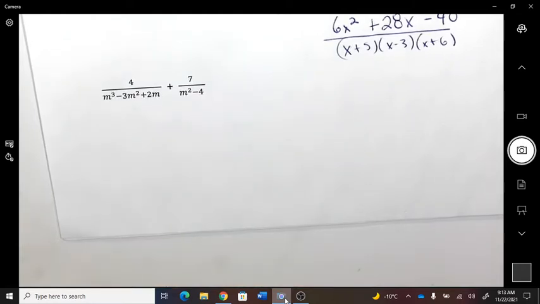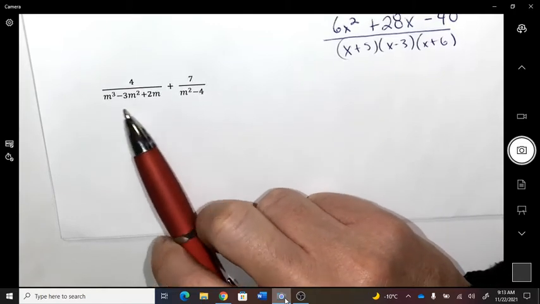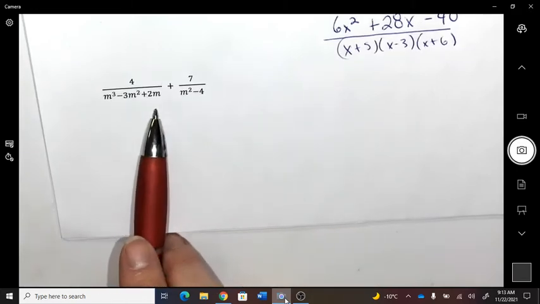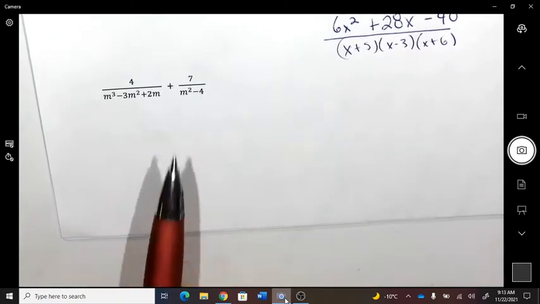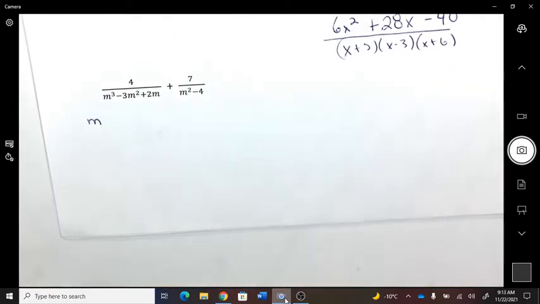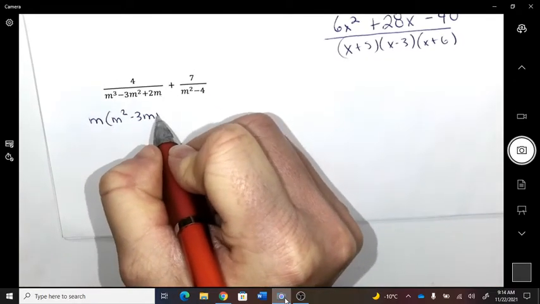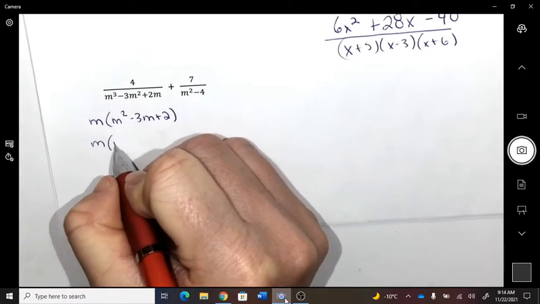Factor the bottom. What do you want to do to this one first? What should you do? Which style first? There's actually going to be two. What would you do to it right away? GCF? Okay, so take an M out. Now, you have simple yet?